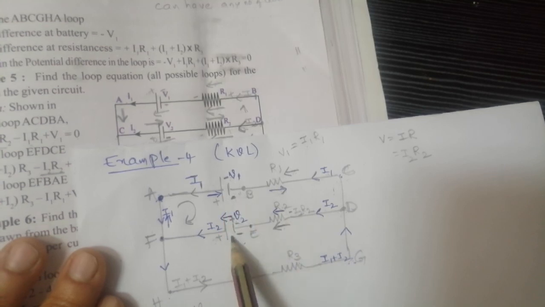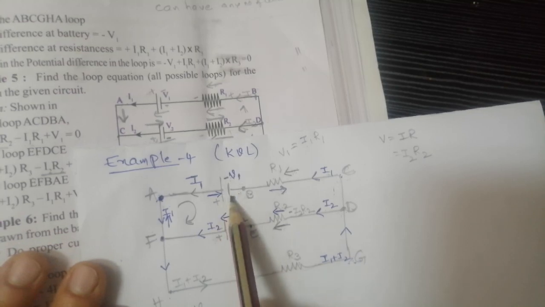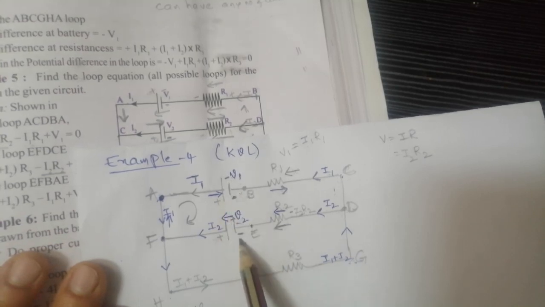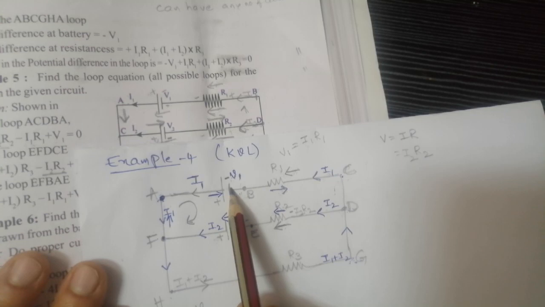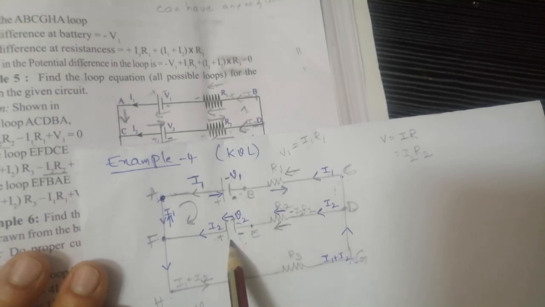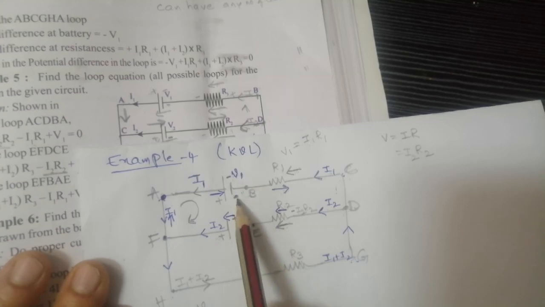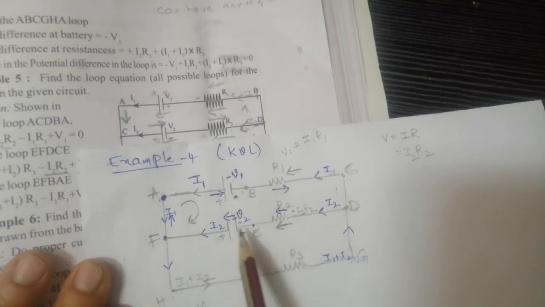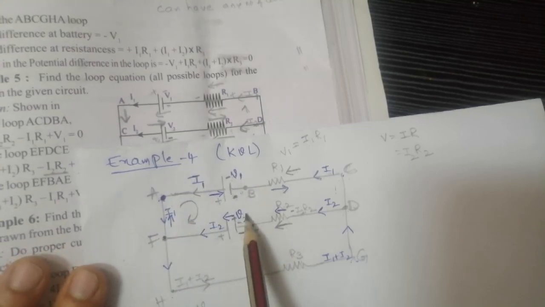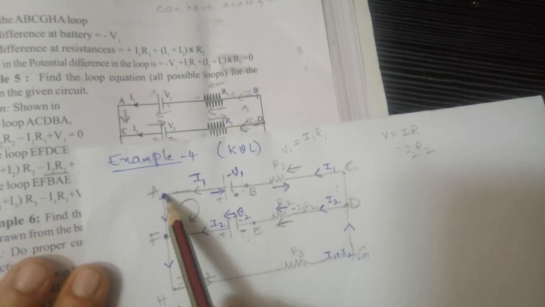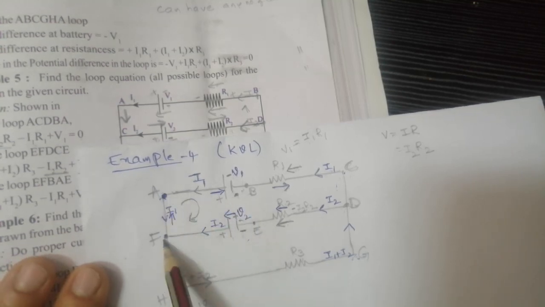Here the potential difference will be different, and here too, because there is one battery here and one battery there. So from battery V1 we get current I1, and from the potential difference V2 we get I2. Here I1 is coming, here I2 is coming.